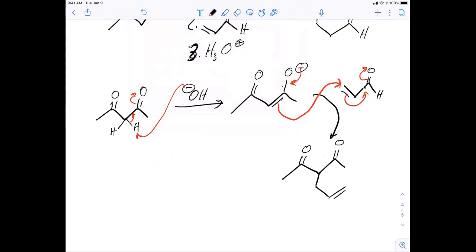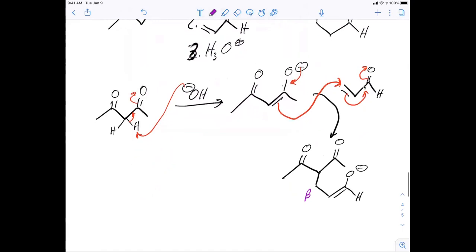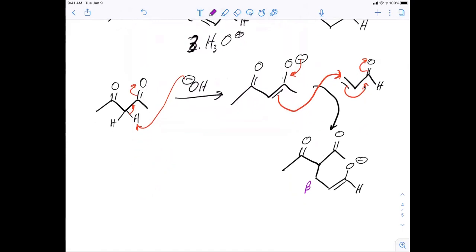Now we have a bond. So now we've made a carbon-carbon bond at the beta position. And then the last step is just to protonate that. So it's going to pick up this proton.